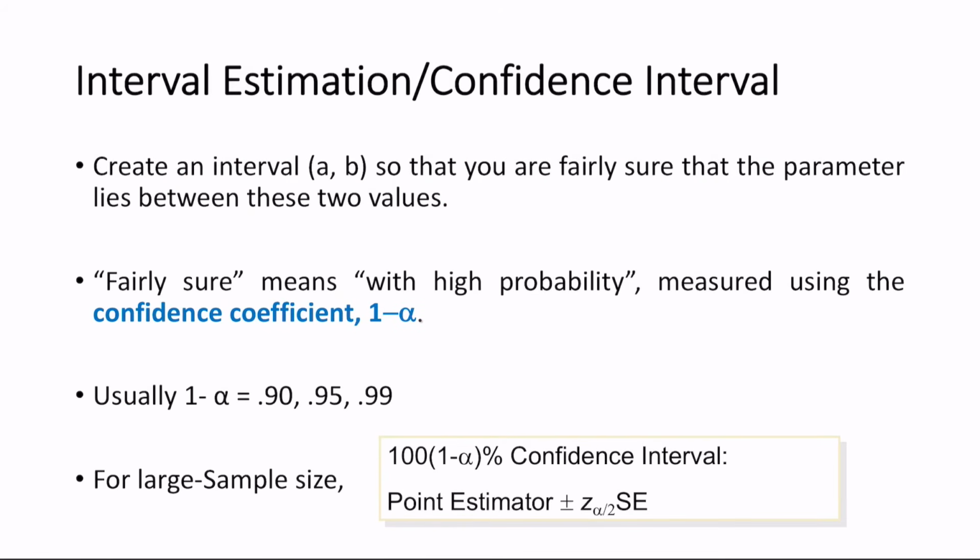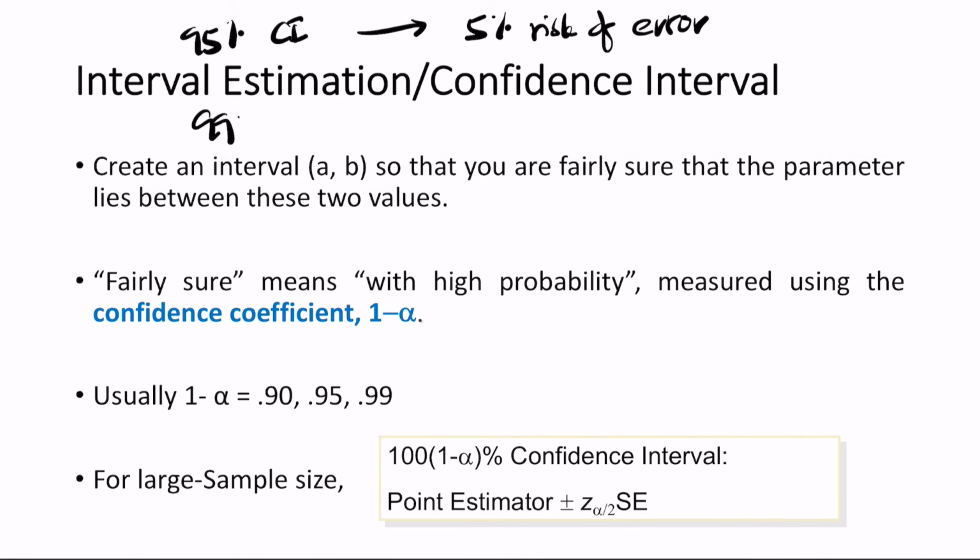Now, is it just 95% that is generally used? Most commonly we use 95%, but we can use other values as well. We can find any confidence interval, provided we know the amount of error we accept. When you choose a 95% confidence interval, we are assuming a 5% risk of error. When we use a 99% confidence interval, we are choosing a 1% risk of error.